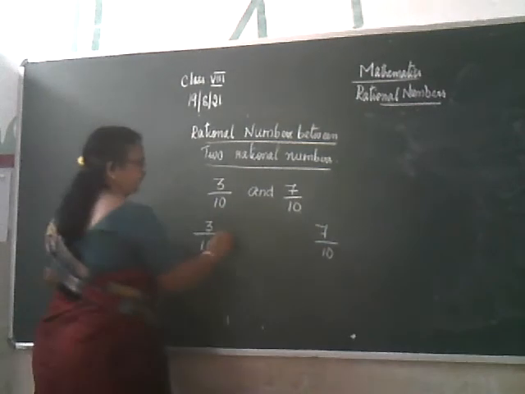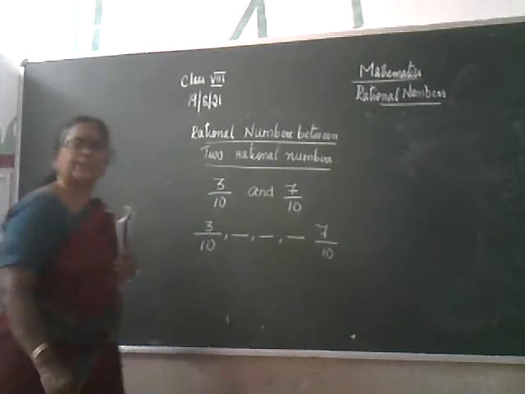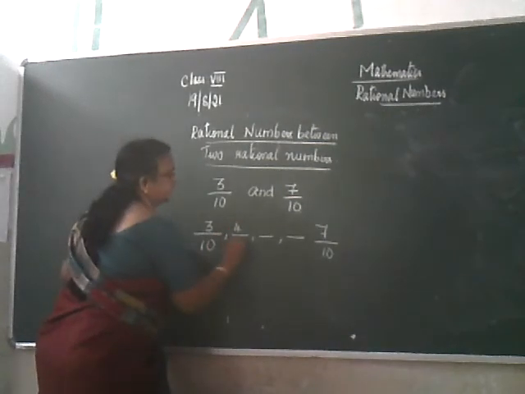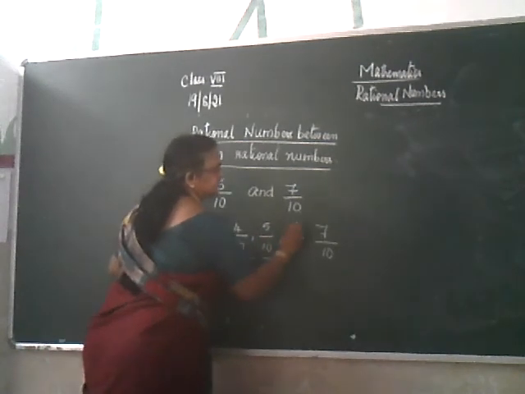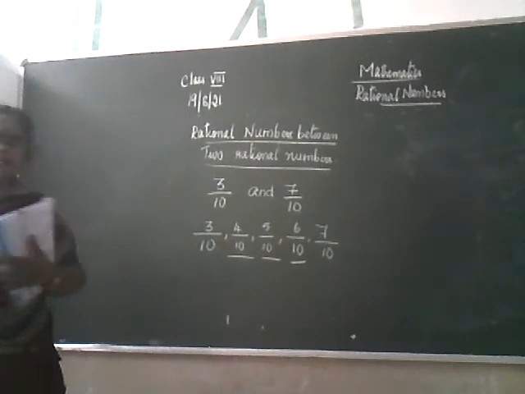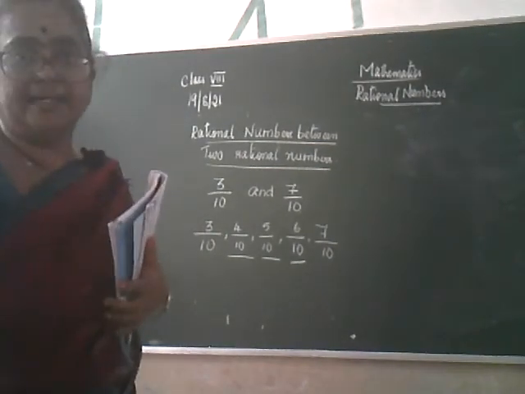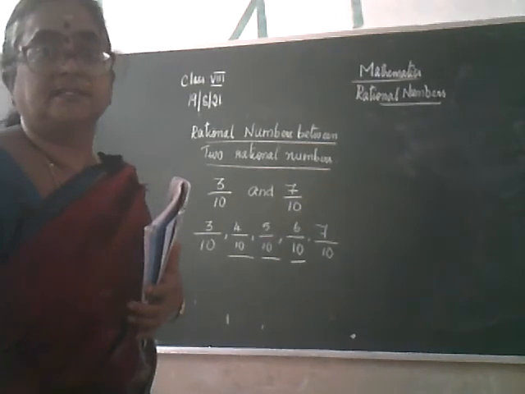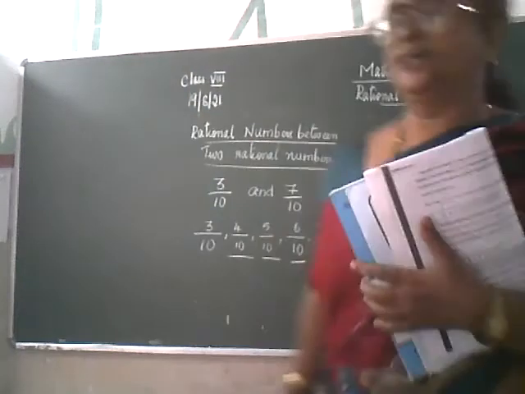So, what is there between? Yes, you can write 4 by 10, 5 by 10, 6 by 10. So, there are 3 rational numbers between 3 by 10 and 7 by 10. But you can write many. That you will learn now.